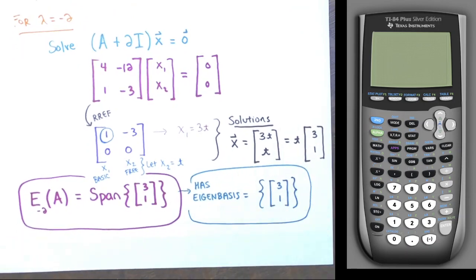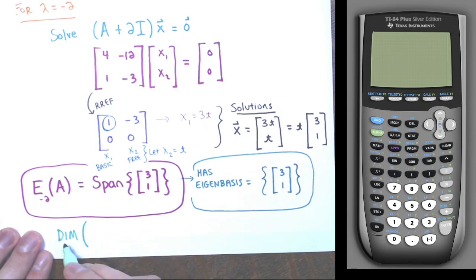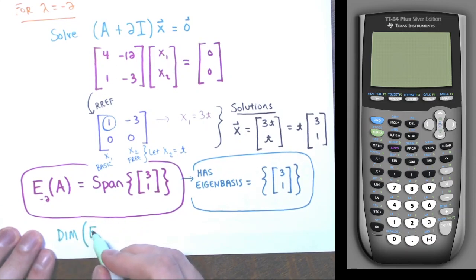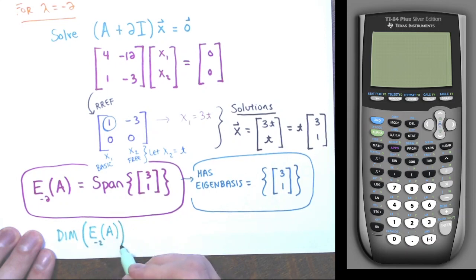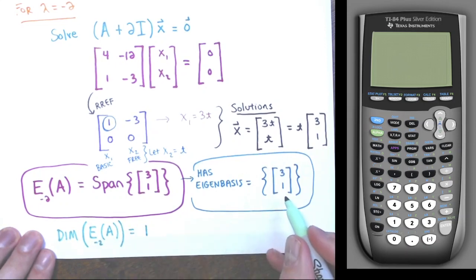And then we're now easily seeing that the dimension, and I'll use the shorthand notation dim, the dimension of this eigenspace, the eigenspace of A corresponding to -2, is 1 again. There's only one vector in a basis for it.